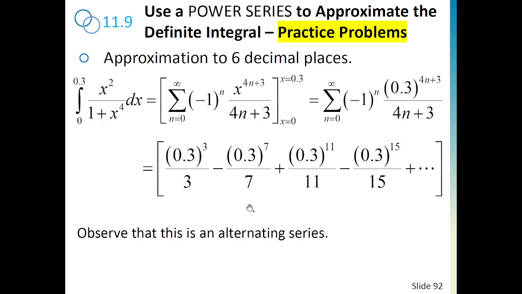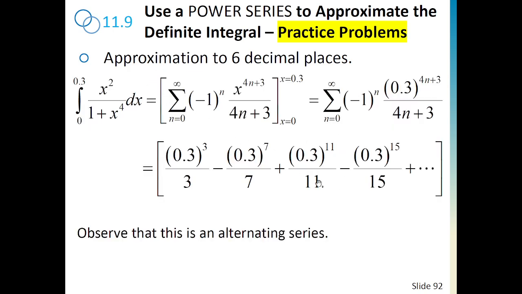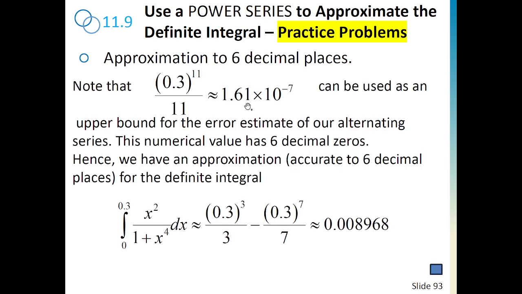So we need to evaluate each of these pieces and see which one is the first one to have 6 zeros in its expression. So once we do that, we realize that already the third term is something like this. So this one has 6 zeros in its expression.